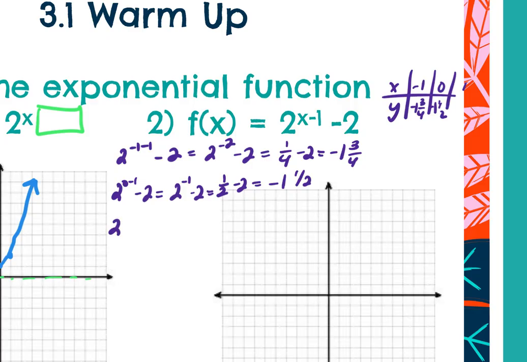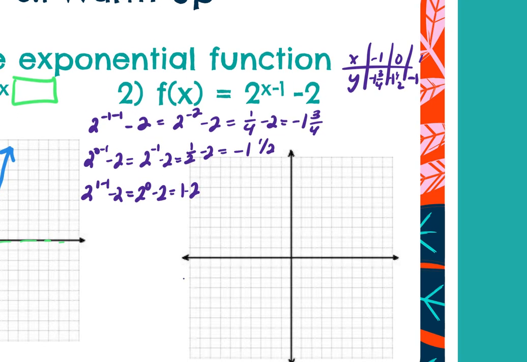And 2 to the 1 minus 1, minus 2, which is 2 to the 0 minus 2, 1 minus 2, which is -1. And we said this is a shift down 2, which means our horizontal asymptote shifts down to -2. These points would be (-1, -1 3/4), (0, -1 1/2), and (1, -1).